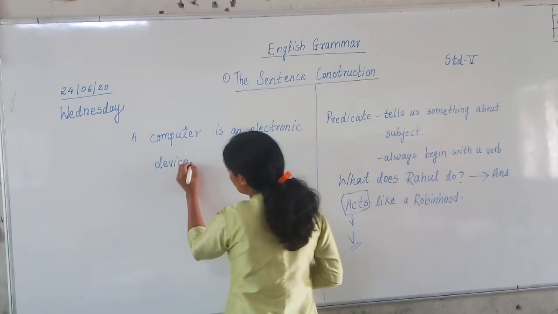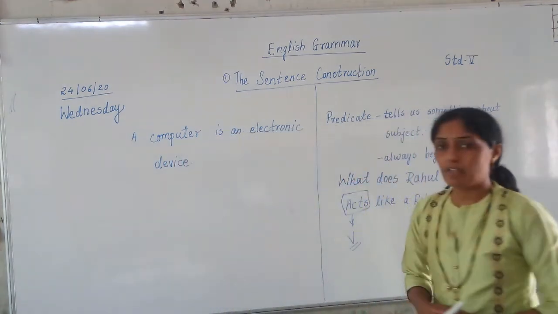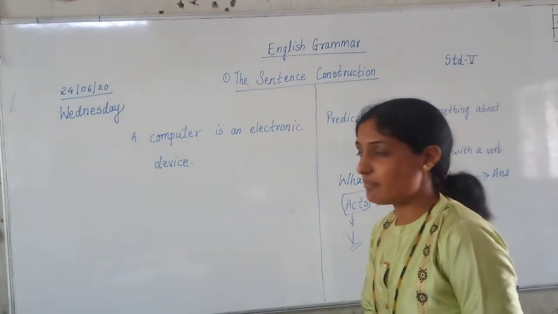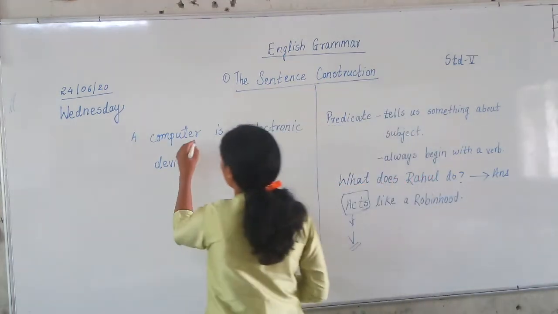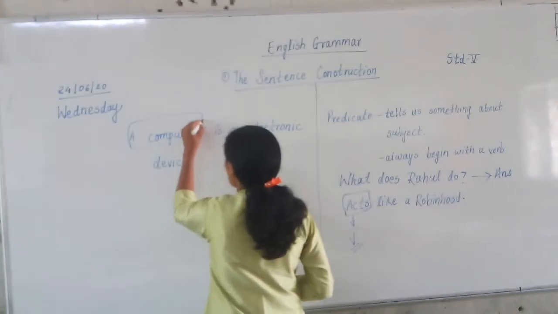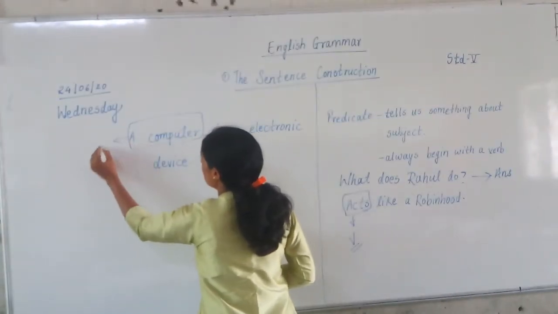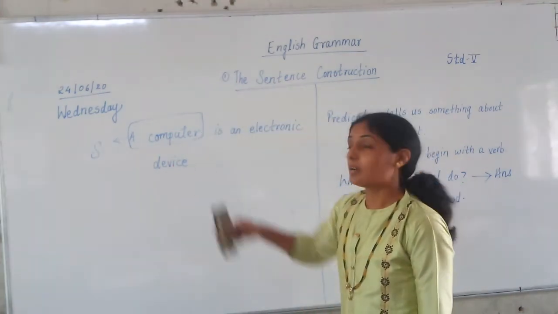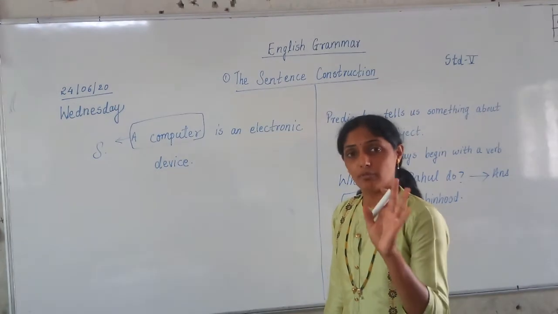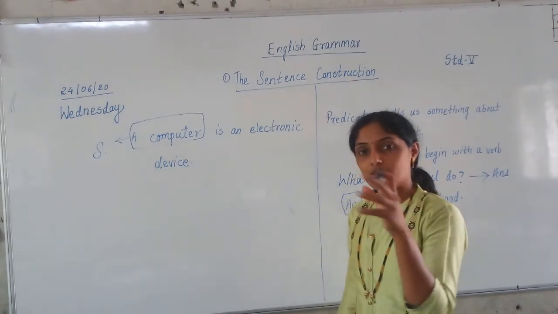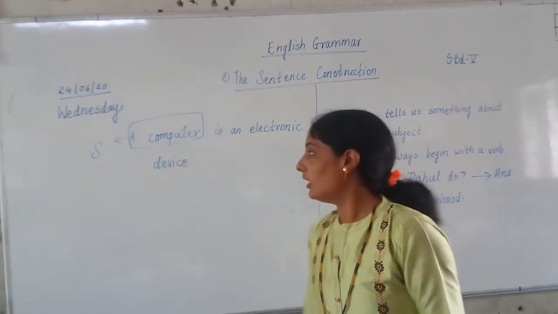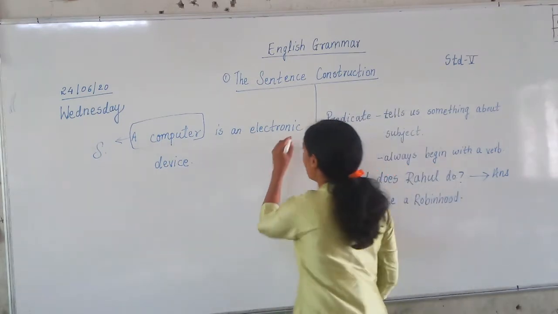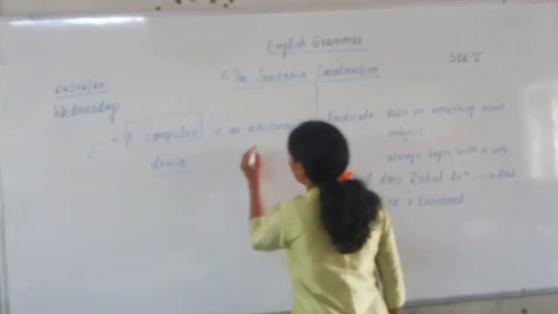When we read this sentence, if I ask you what is an electronic device, then you will tell me, ma'am, a computer. So a computer is what? A computer is the subject of a sentence. The computer is doing some work. So the doer is what? The computer is the doer of action. Okay. Then "is an electronic device" is the predicate.